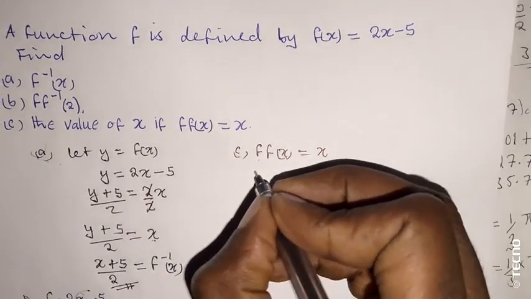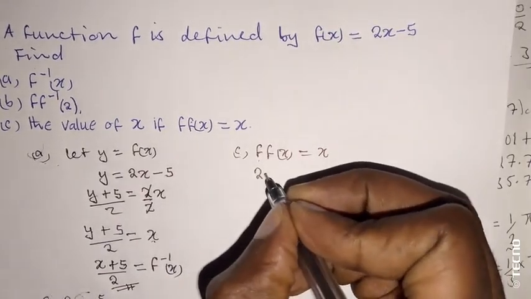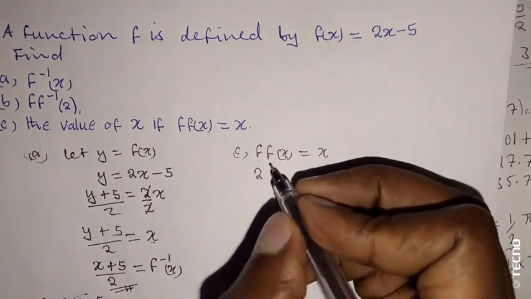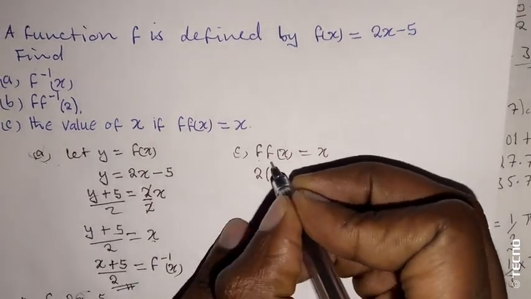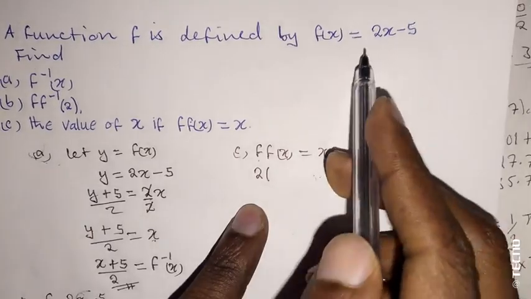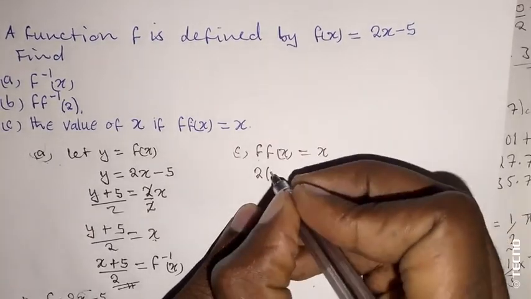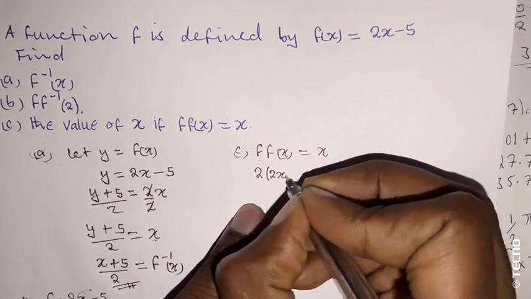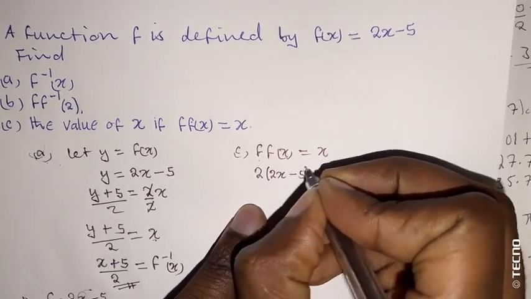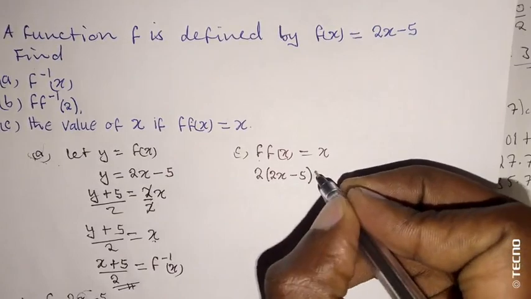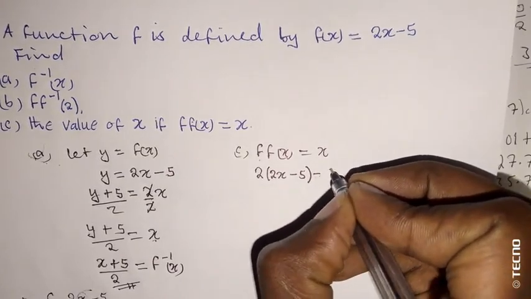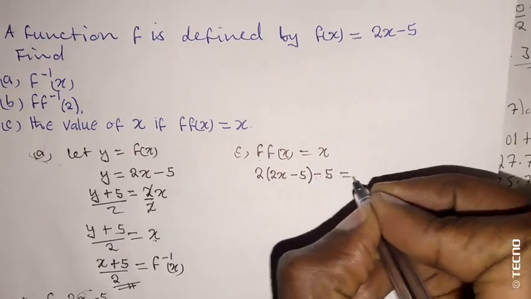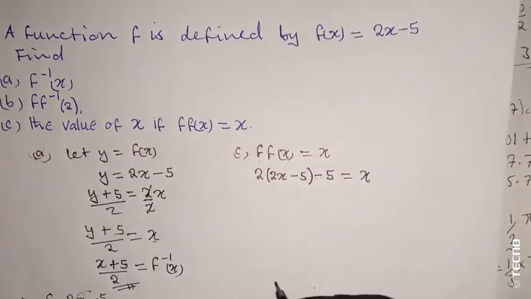So we'll say it's 2, open bracket. Where there is x in this, you replace by this one, which is 2x minus 5, we close, then minus 5 is equal to x.